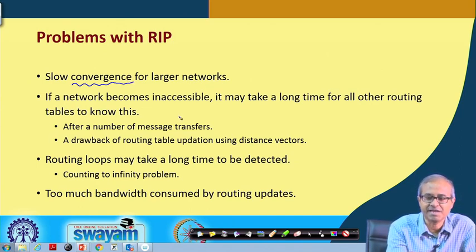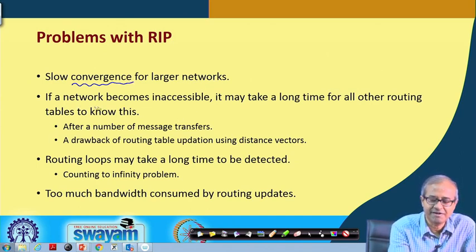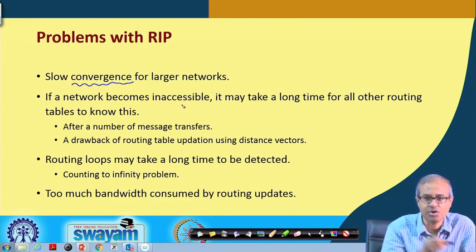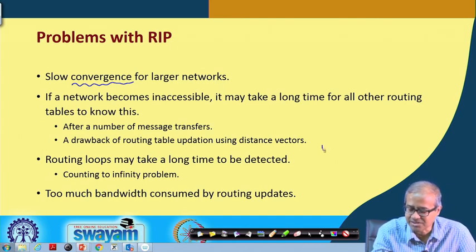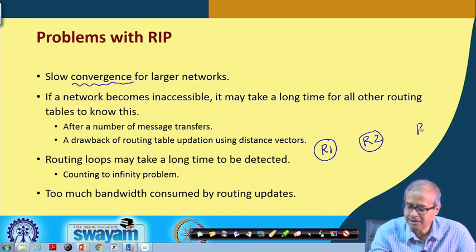So, broadly speaking, if a network becomes inaccessible due to a link failure, it may take a long time for all other routing tables to know about this. I am giving a very small example. Let us say R1 is there, R2 is there, R3 is there, and R4 is there.